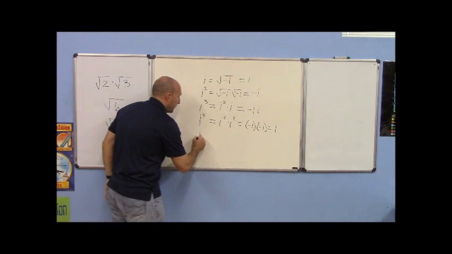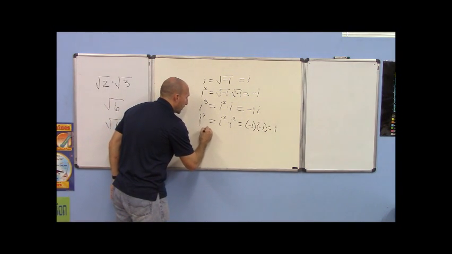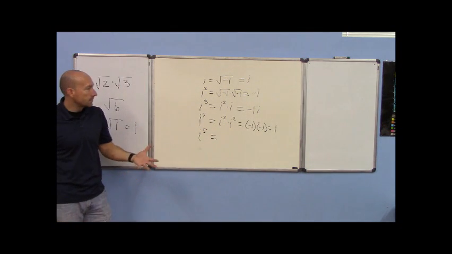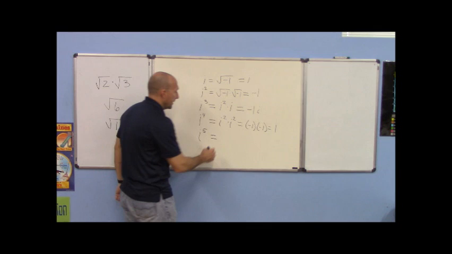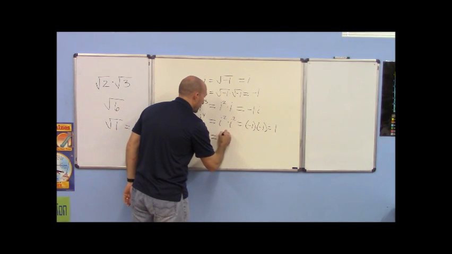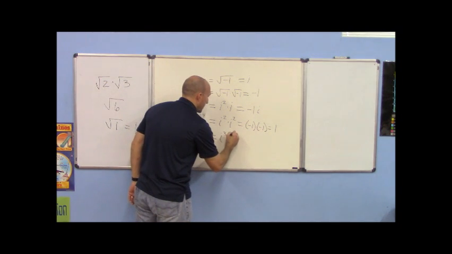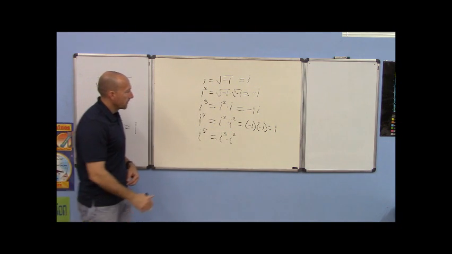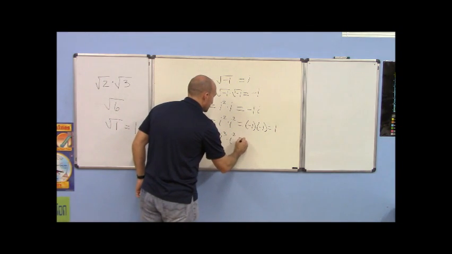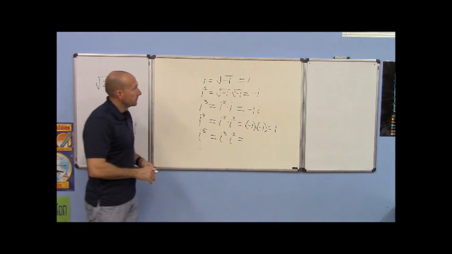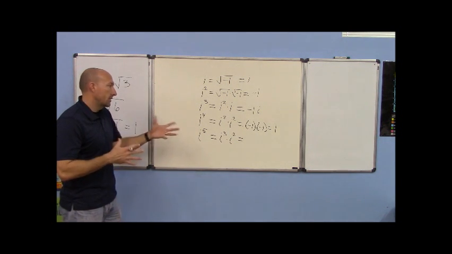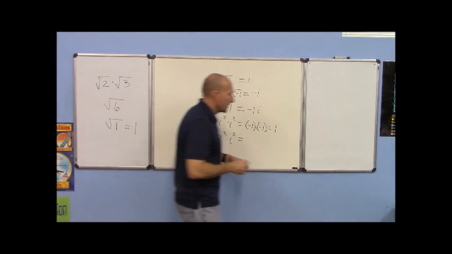Now we have I to the fifth, and we can keep going on with this, but we're going to stop at this next step because we're going to see something. So here we can have I to the third times I to the first, or I to the second, I mean, and there's actually a couple different ways that we can do this.